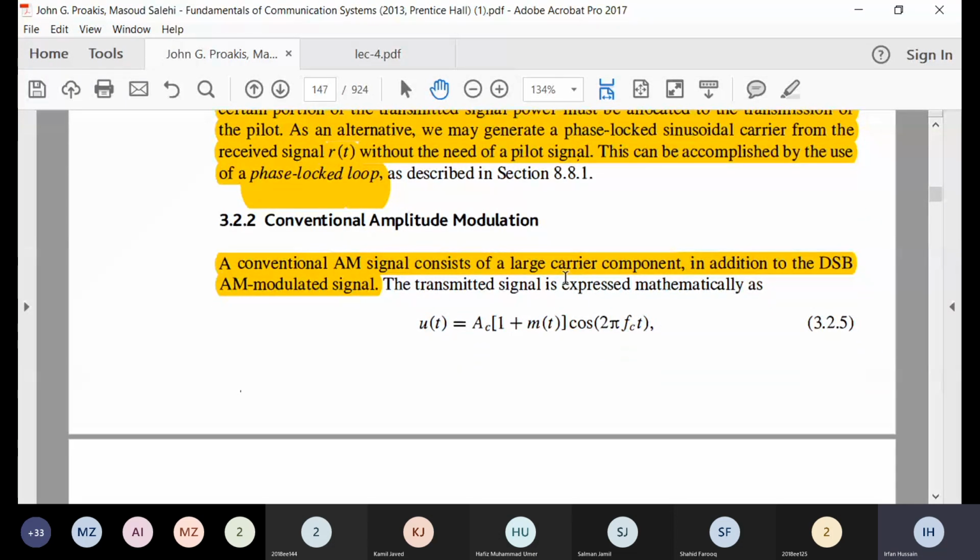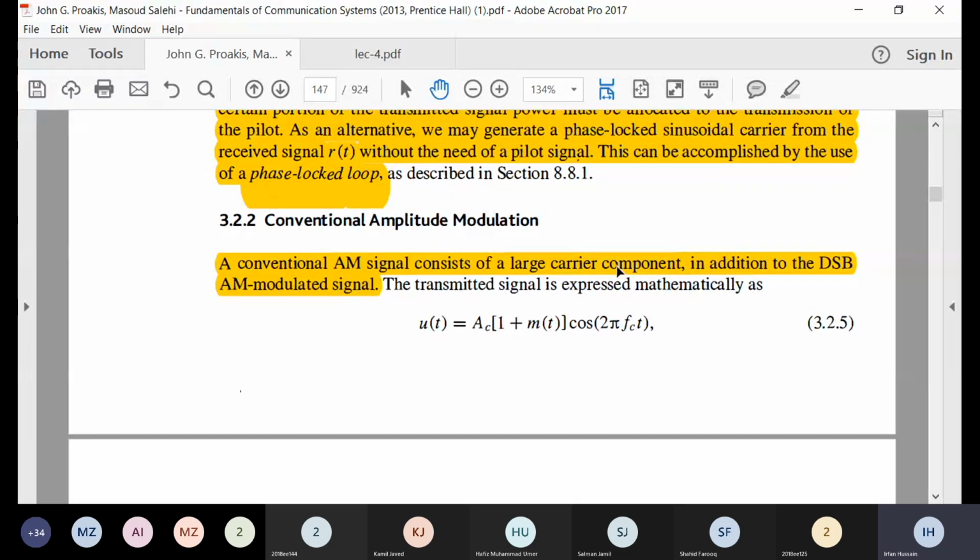All right. So, conventional amplitude modulation. This is a different type of AM modulation. What is the difference with respect to the previous DSB-SC, double sideband suppressed carrier? It is that you have a large carrier. There you were adding a carrier, let us say at a later phase when we discussed how to get back the phase locked carrier, then we had an additional pilot, but that was a pilot signal and it had a very small amplitude compared to the modulated signal. But here this is the opposite.